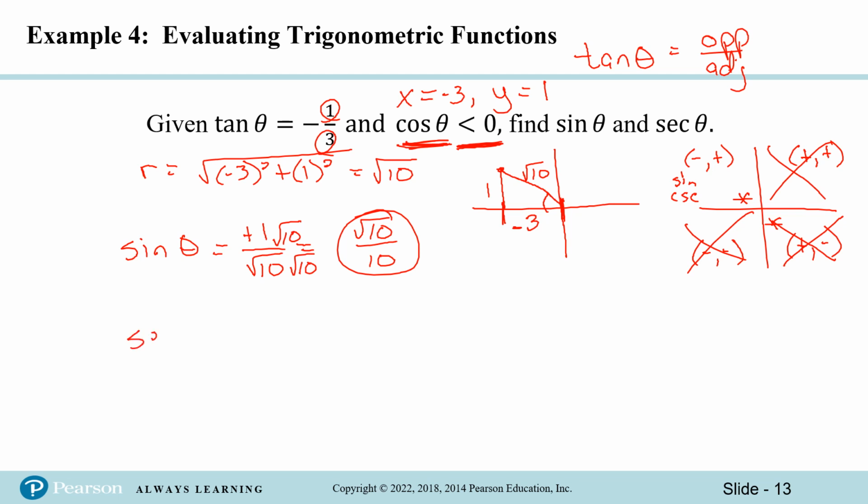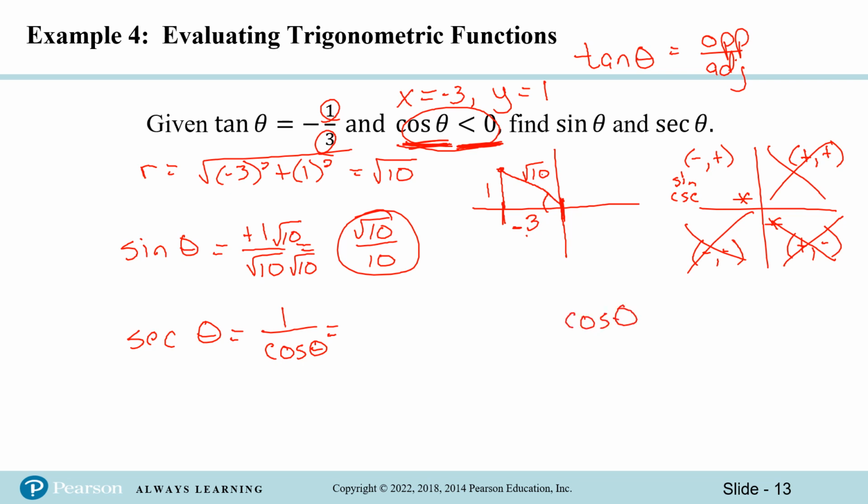And the secant. The secant is the reciprocal of the cosine. We already said the cosine was negative, so we should end up with a negative number. What's my cosine? The cosine is adjacent over the hypotenuse.